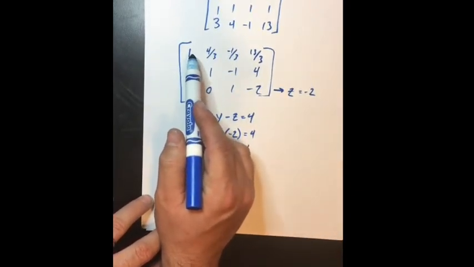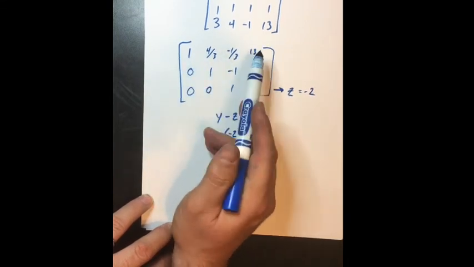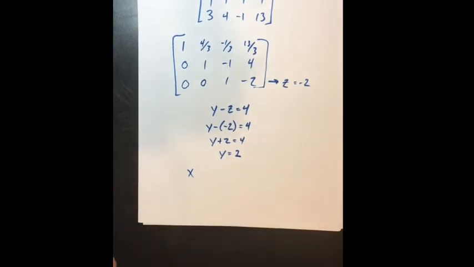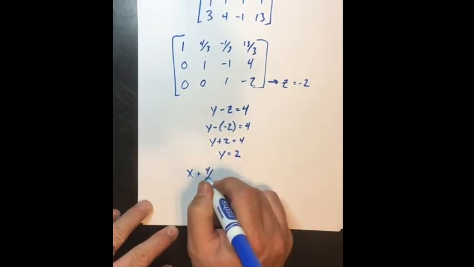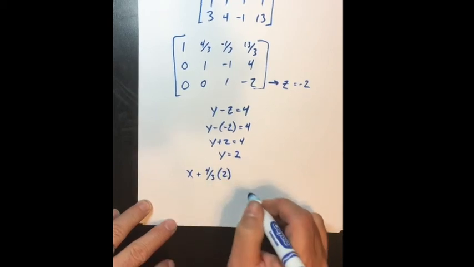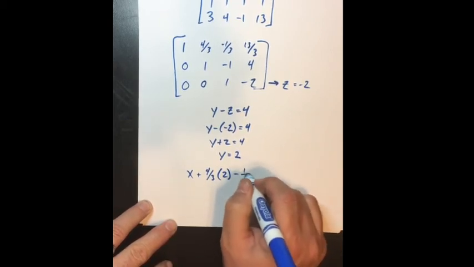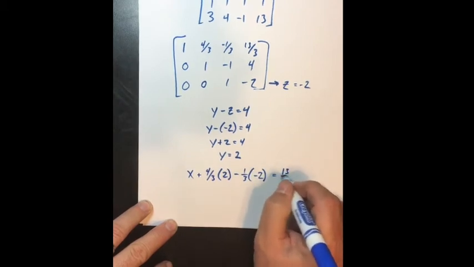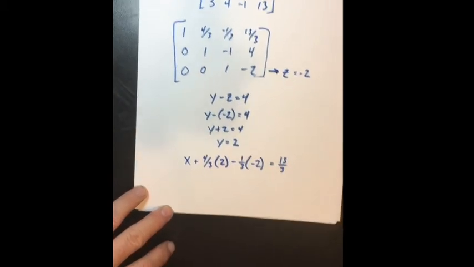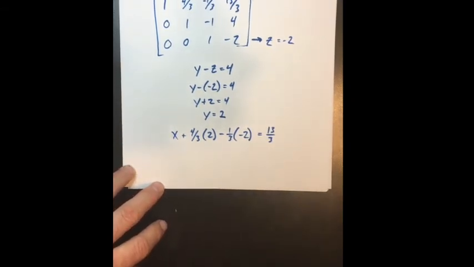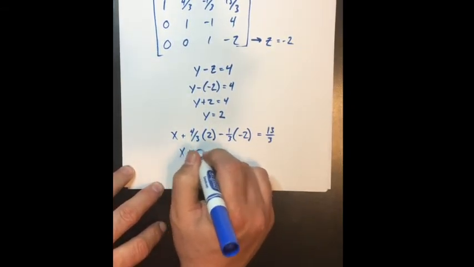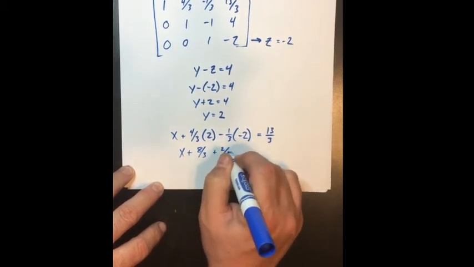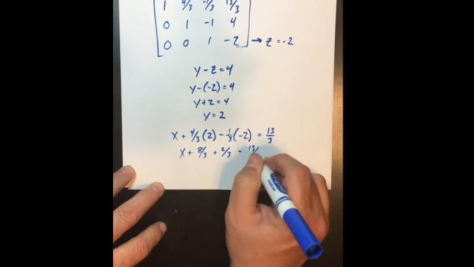So I can go to my third equation, the first line of the matrix. This is going to be x plus 4/3 times y, which is 2, minus 1/3 times z, which is negative 2, and that should equal 13/3. A little bit of algebra to do here. x plus 8/3, that should be plus 2/3, equals 13/3.